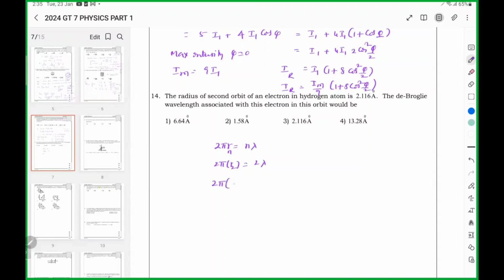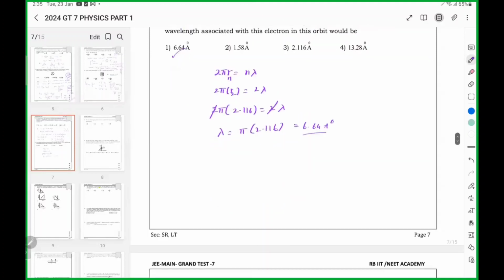R2 here is 2.116 angstroms. So lambda here is, roughly, 3 times 2.116. The nearest one is 6.64 angstrom units.